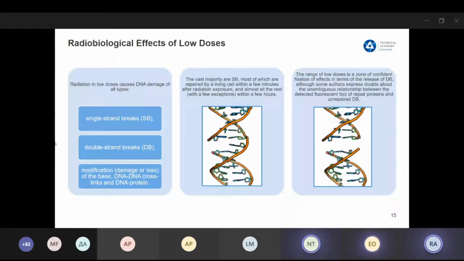Cluster effect is more inherent in densely ionizing radiation than in rarely ionizing radiation. But for the latter, there are also significant differences in the effect of radiation compared to spontaneous DNA damage by free radicals. The number of clusters directly depends on the radiation dose.